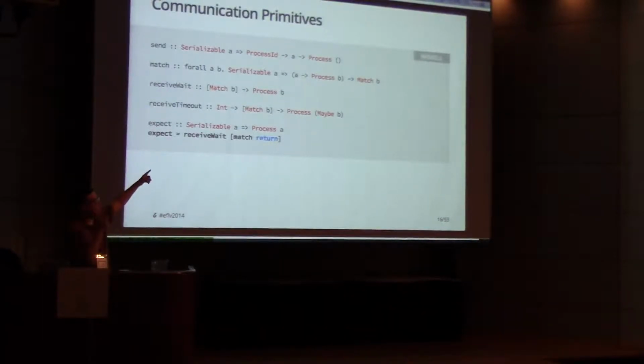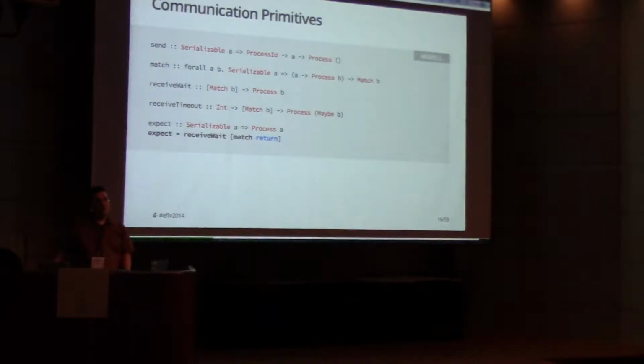As long as it's Serializable, it will compile, and then it returns a value b, whatever this function in Process returns. And then you use that in two functions, receiveWait and receiveTimeout. This will be the equivalent to receive in Erlang. I will show a tidbit of code that shows how you do it in Erlang, and how you do it in Cloud Haskell.